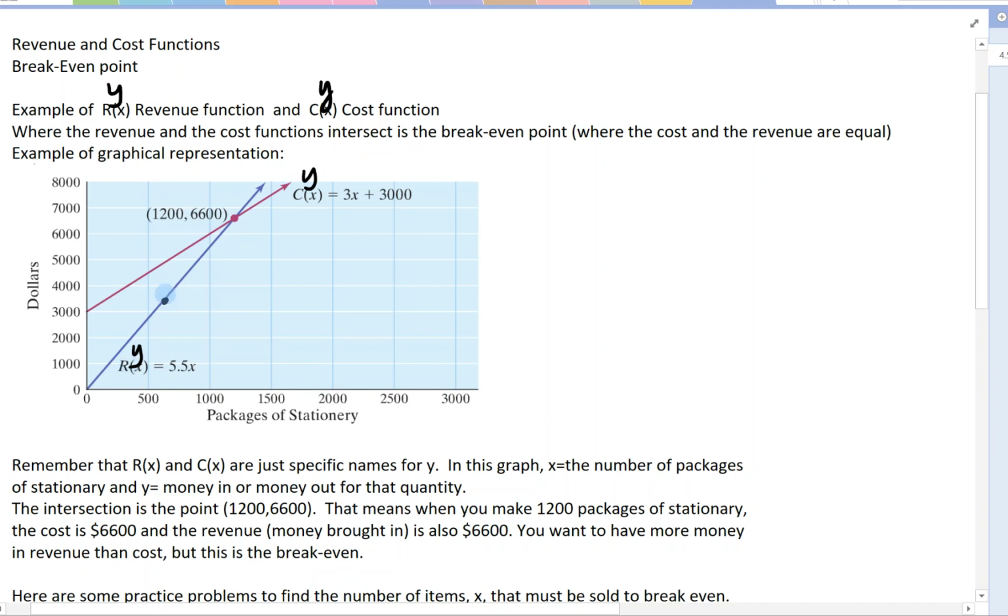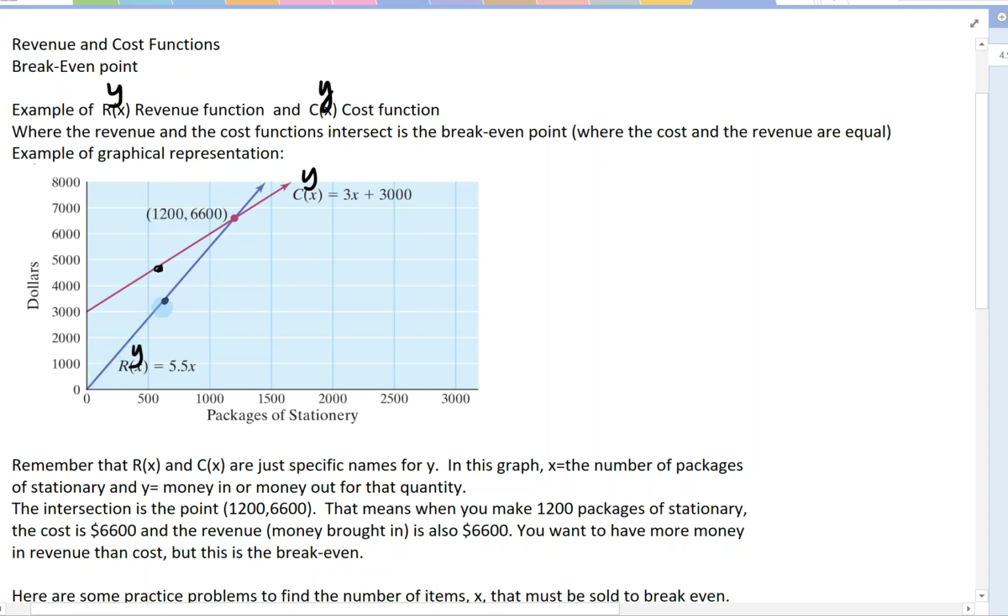This point would represent, I'm just going to guess, about 600 packages of stationery made, and it would bring in over $3,000. When you made these 600 packages, it would cost you maybe more like $4,700. So that's a bad situation. It's a bad situation when your cost is higher up than your revenue.